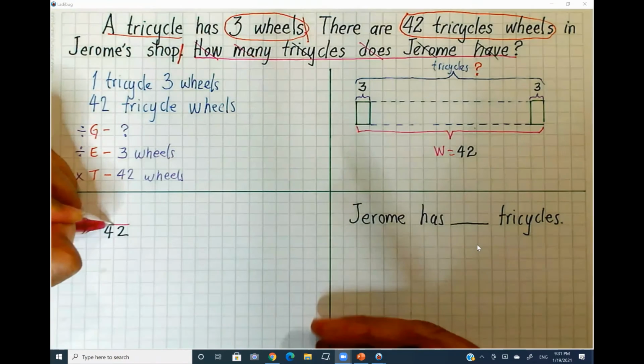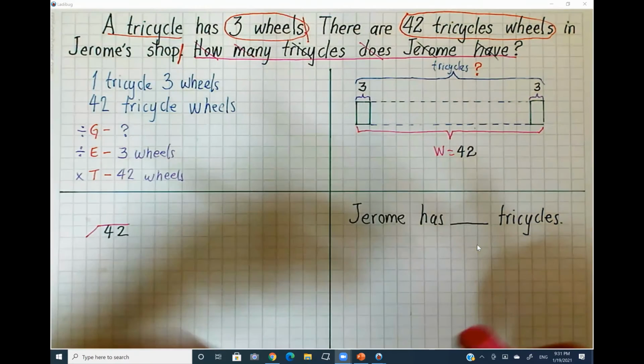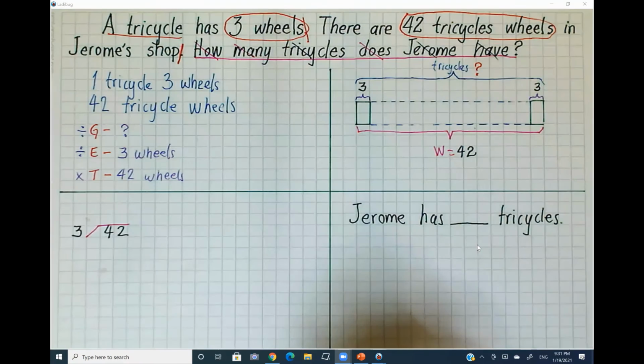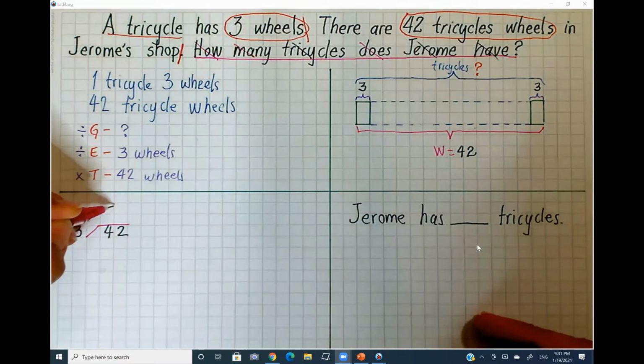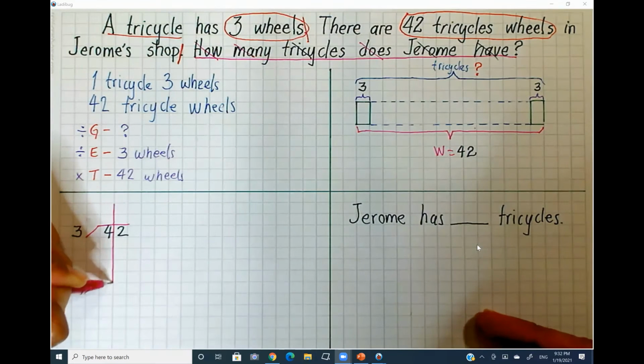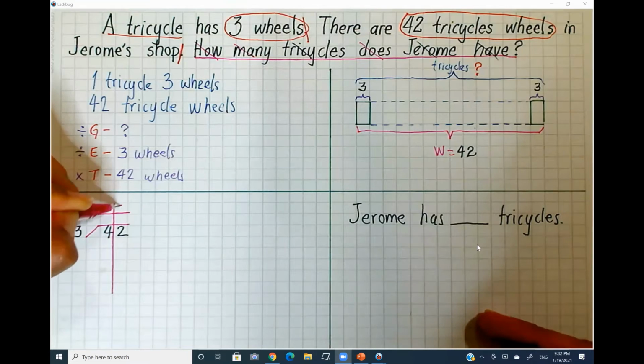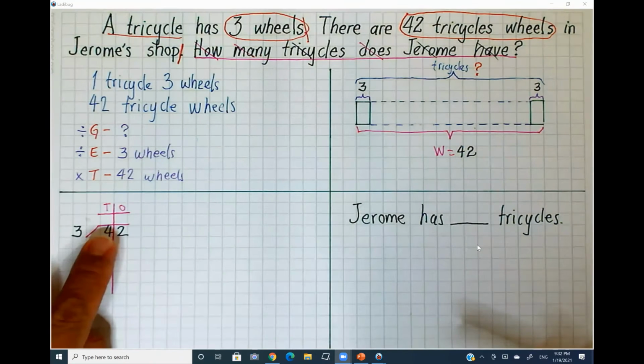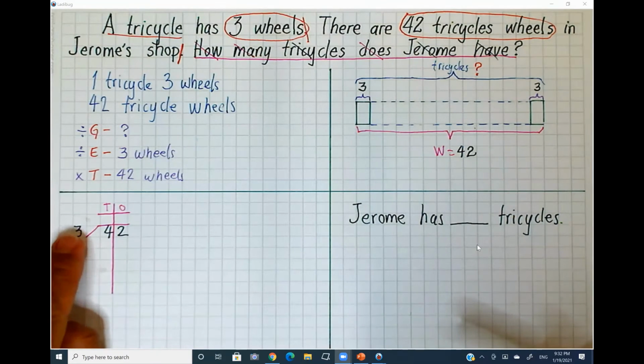divided by groups of 3 wheels. Now for this one, I'm going to need the times 3 multiplication. And as usual, we're going to start in the tens. So my first question is, if I have 4 tens, how many times does the 3 fit in the 4?